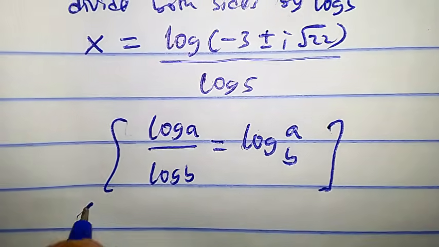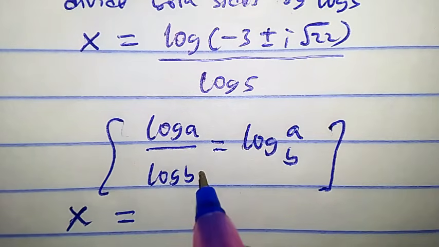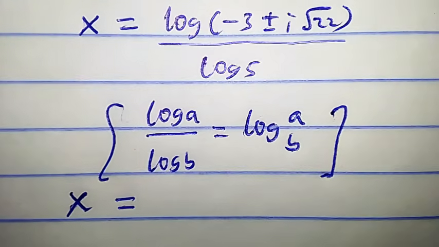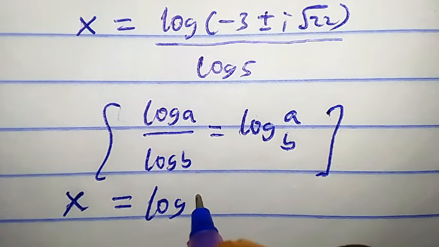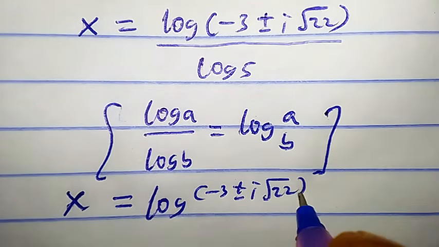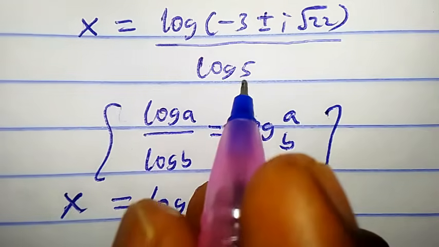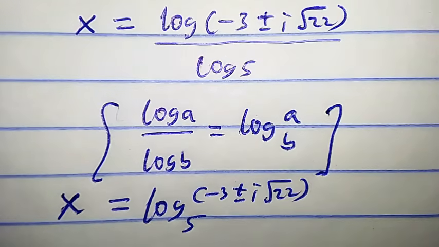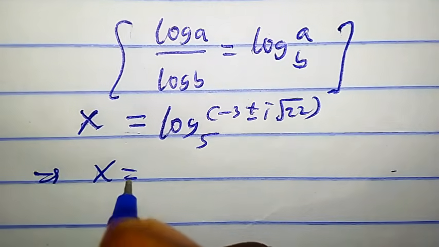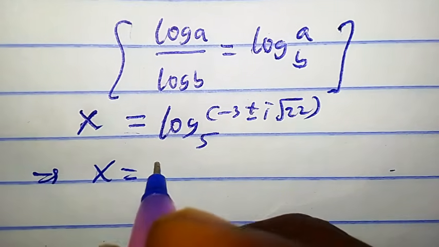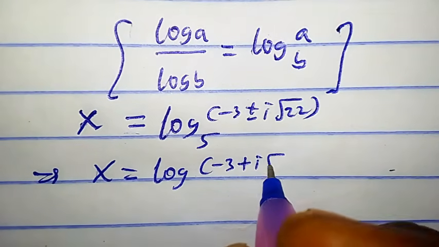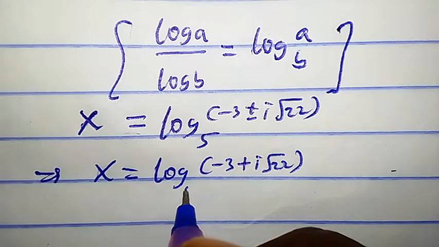From this line now, we have x equal to, applying this identity to this quotient, we simply have log of minus 3 plus or minus i times square root of 22 base 5. From this answer, it is obvious x is equal to, considering the positive sign, we have log of minus 3 plus i times square root of 22 base 5.